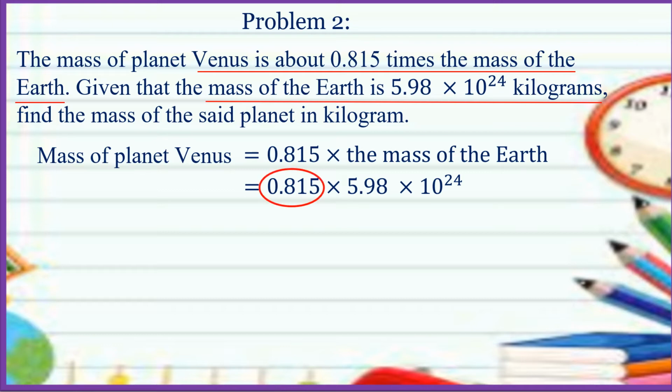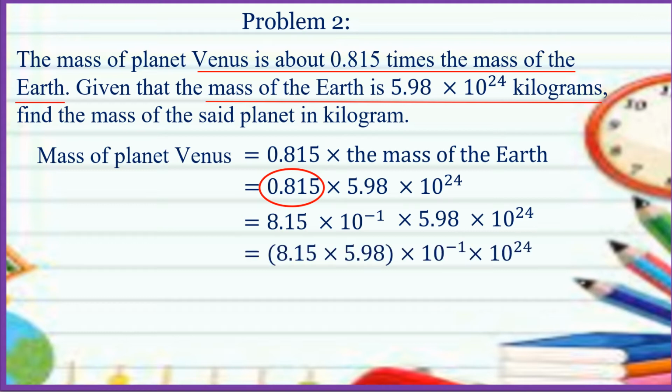Simplifying further, 0.815 can be written as 8.15 times 10 to the negative 1. Then we copy times 5.98 times 10 to the 24th. Simplifying further, we can multiply 8.15 times 5.98 times 10 to the negative 1 times 10 to the 24th.